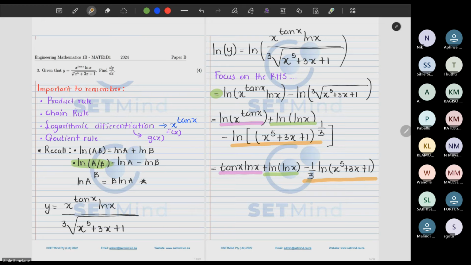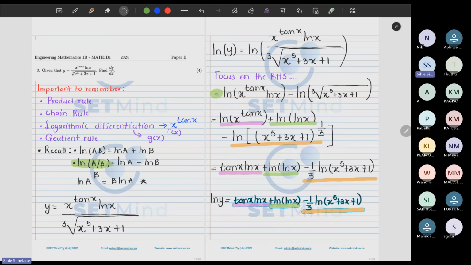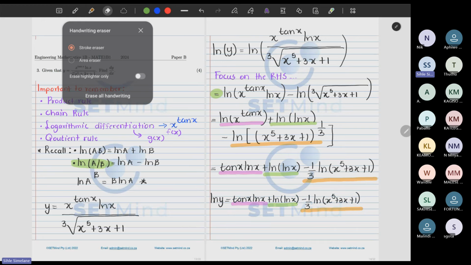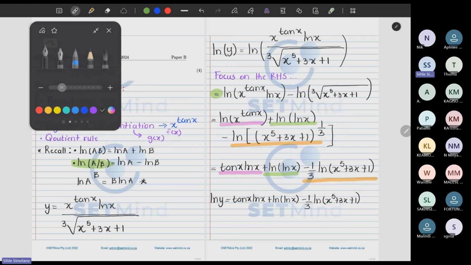Right. So now if you observe this, guys, this feels a bit easier to actually differentiate. Because the left side is now just equal to ln of y. So this we can easily differentiate now, and our life is no longer as complicated as it appeared to be. Because now all I need is just product rule, and I no longer need quotient rule, but I will definitely need chain rule.